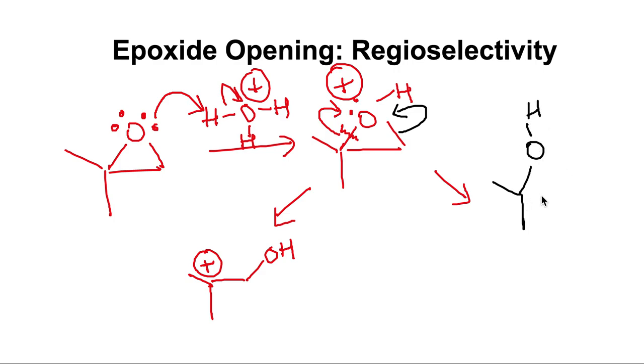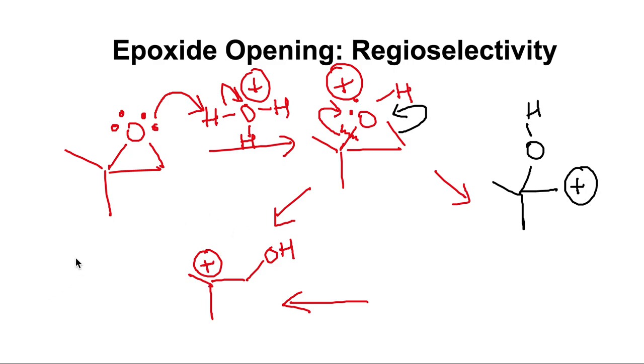I recommend that you actually work this out in your notebooks. And this is a primary carbocation. And as you know, primary carbocations are not so stable, so they are not so likely to happen. So the reaction that will actually happen is this one right here, where we go through a much more stable carbocation.